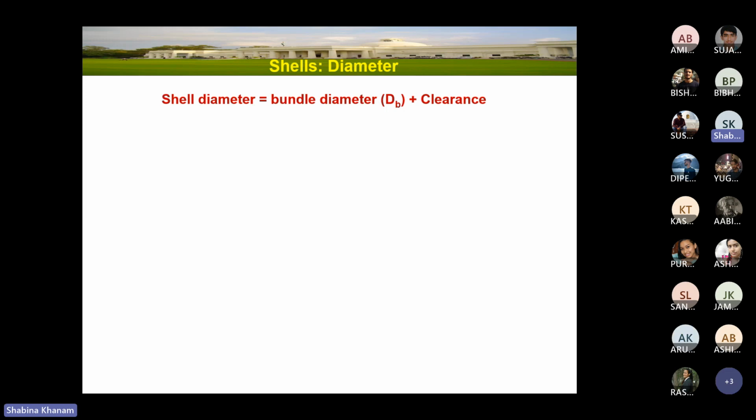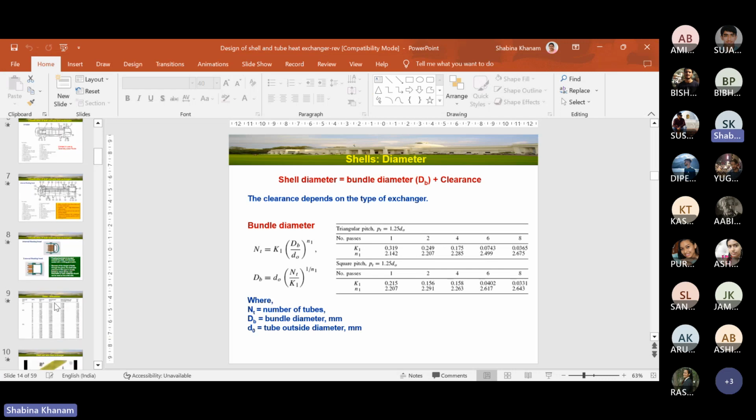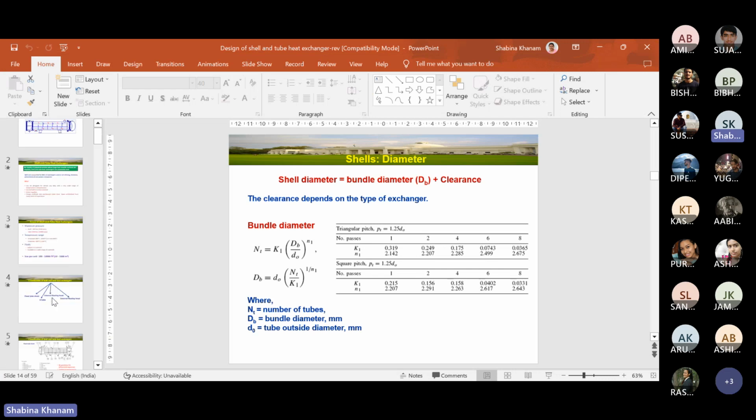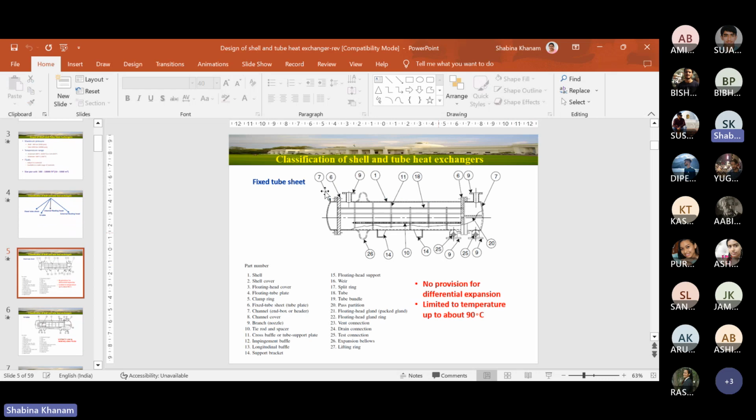I hope you are getting my point. Now if you look at this particular image, the bundle dia is this diameter: the outermost tubes, whatever diameter they make, that is the bundle dia, and the clearance is this gap.